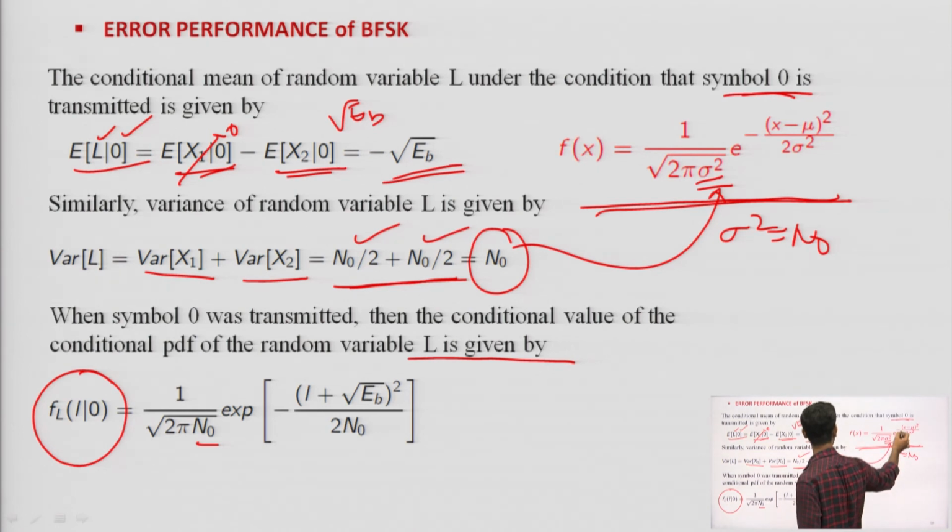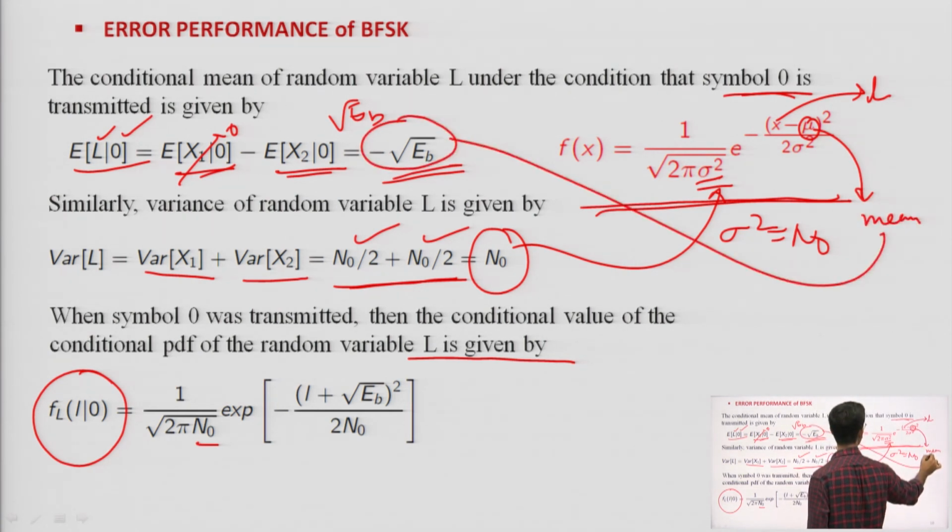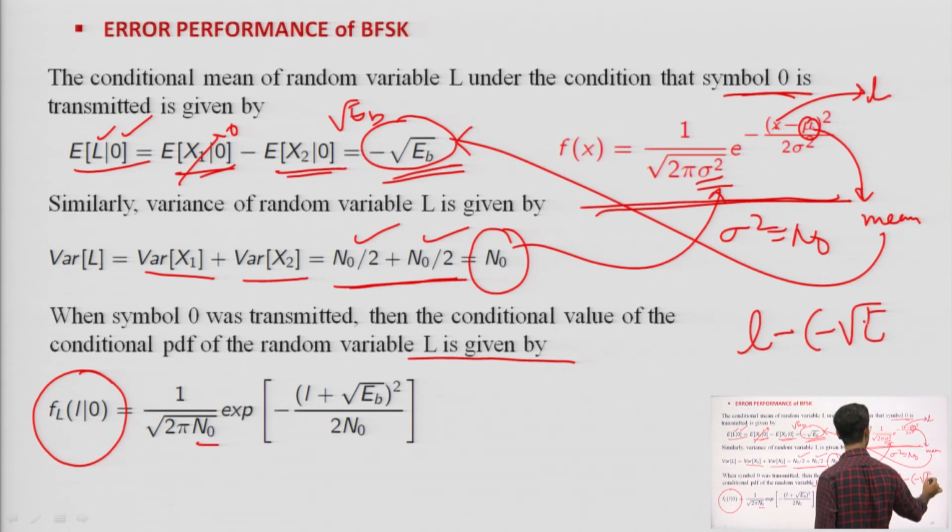Then exponential of minus small l minus mu whole square, where mu is the mean, that is minus root EB.